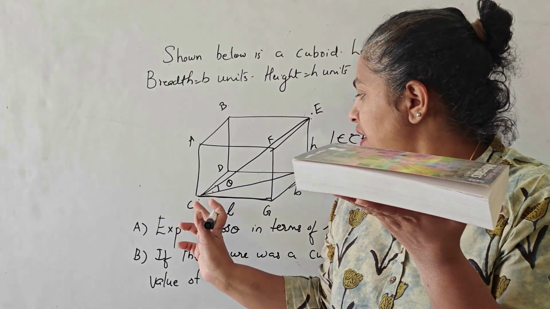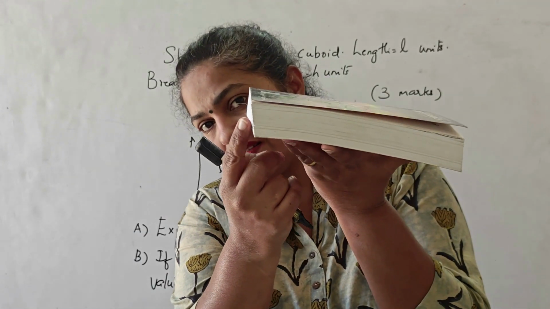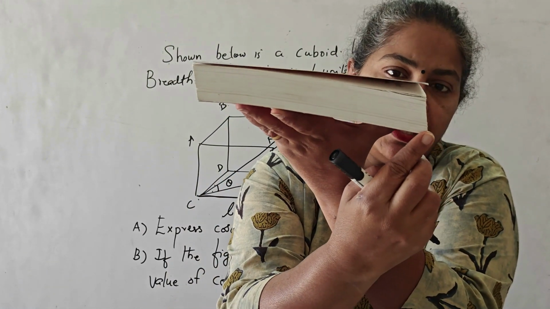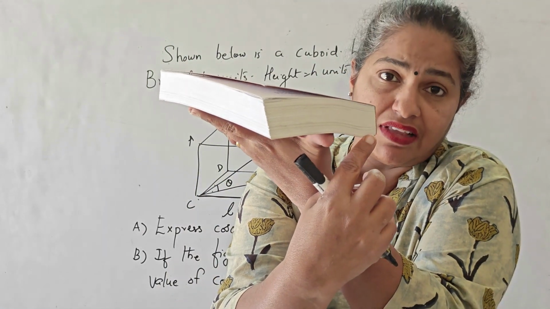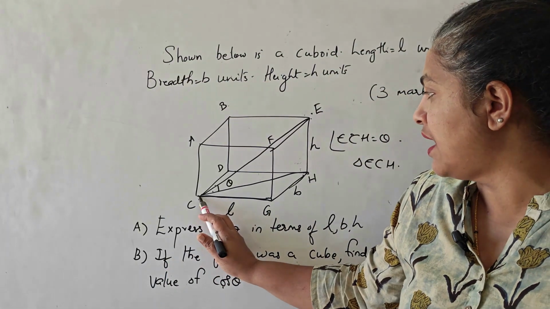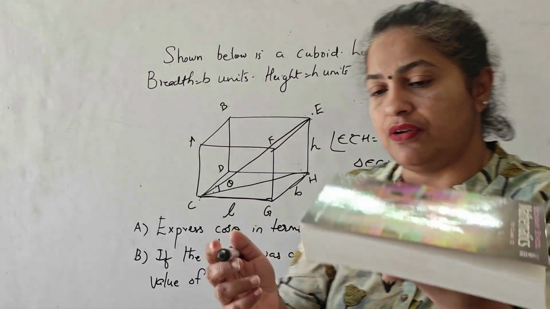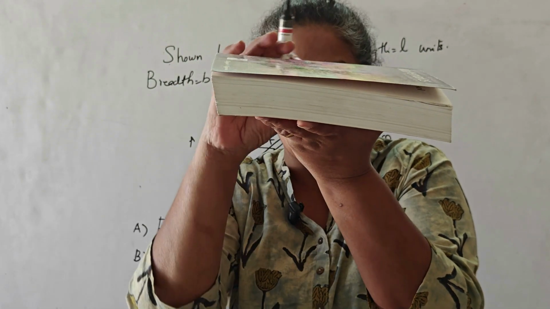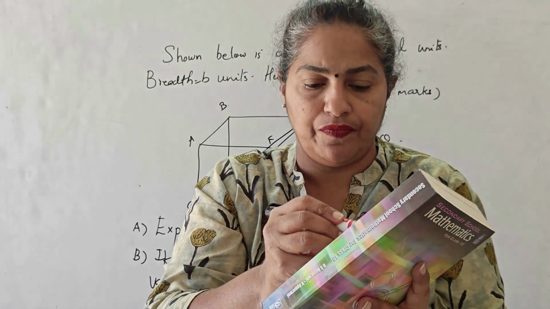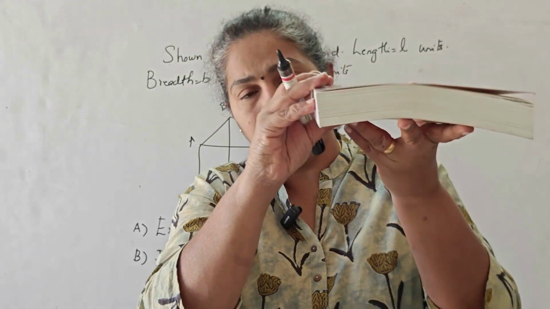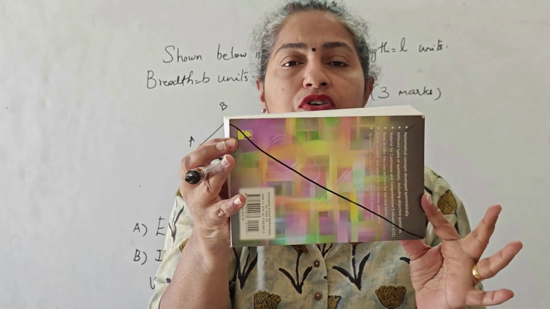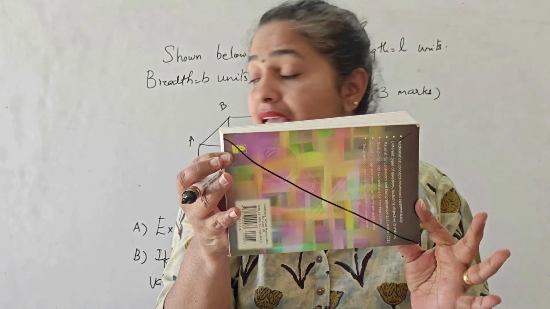Now, if you compare it with this diagram, this is the vertex C, this is the vertex G and this is the vertex H. If I am drawing a line from C towards H, this becomes a diagonal which is mentioned as CH.